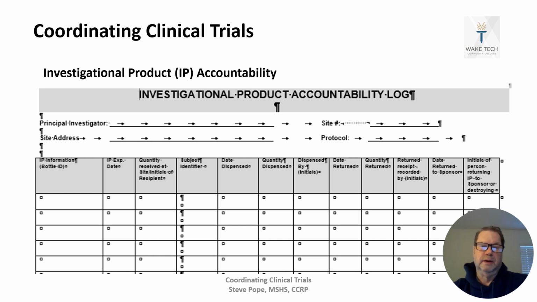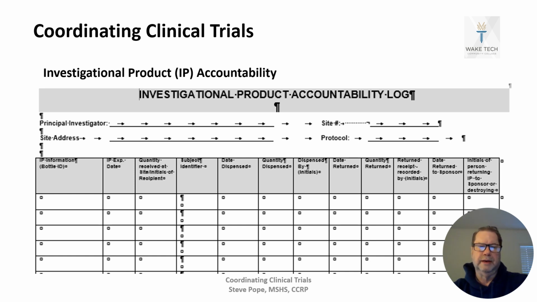And then finally, when your monitor comes in, they're going to review this log, and then they're going to send that used IP back to the sponsor. So they're going to record the date that it was returned back to the sponsor. They're going to indicate the initials of the person that returned it, and they're going to put that in that final column there along with the date.